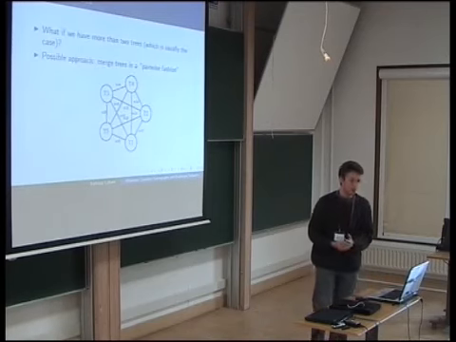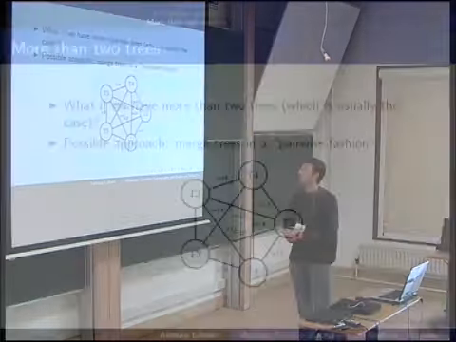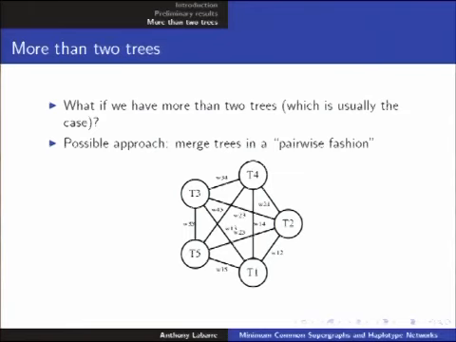So this tells us how we can solve our problem if we have two trees, but generally we have many more than two trees, and I don't really know how to get an optimal solution if I have to take all the input trees into consideration.